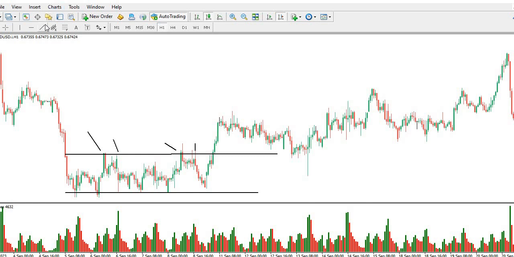Again, we are having these fake outs which we will consider as the first touch on the downtrend line of the sideways channel, second, third, fourth and fifth.